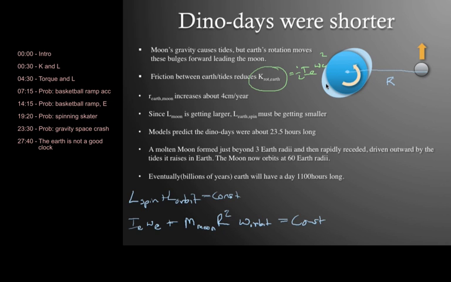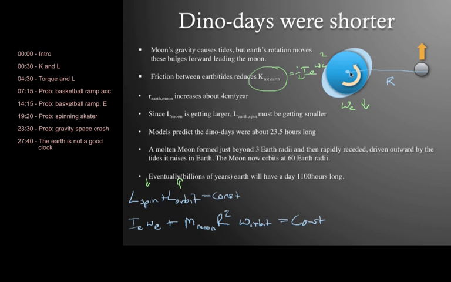So if this is decreasing, what has to be happening is that omega of the Earth is getting smaller. So if omega of the Earth is getting smaller, that means that this term has to be going down. So that means that the orbit angular momentum has to be going up if this is to remain constant. The only way that this can happen is that this r is getting bigger.